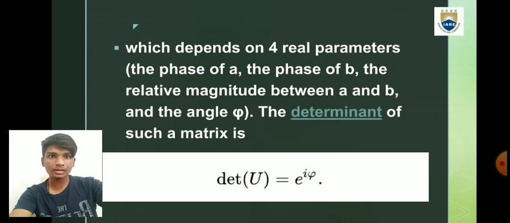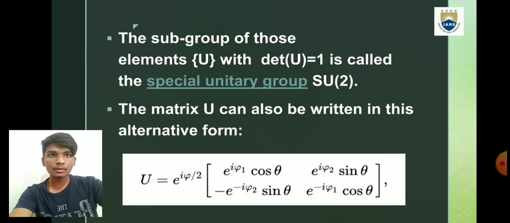The determinant of such a matrix is det of U equals e power i phi, and the subgroup of those elements U with det of U equal to 1 is called the special unitary group SU of 2, denoted by SU(2).